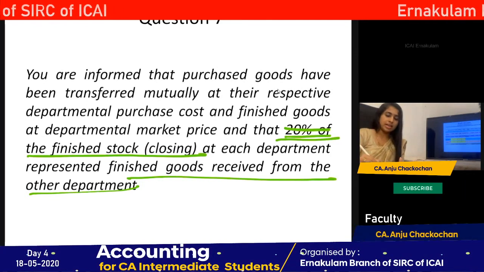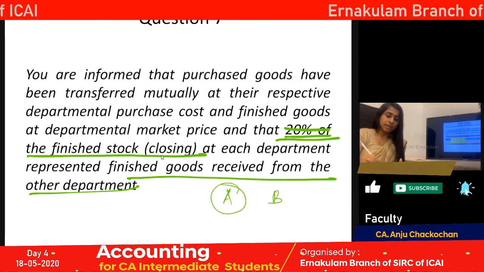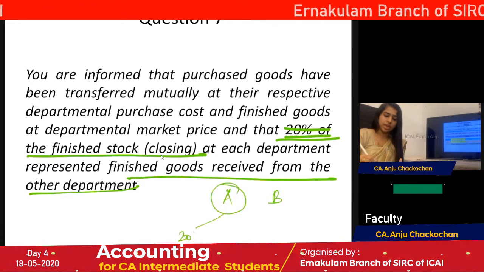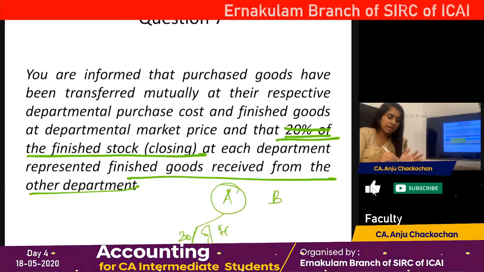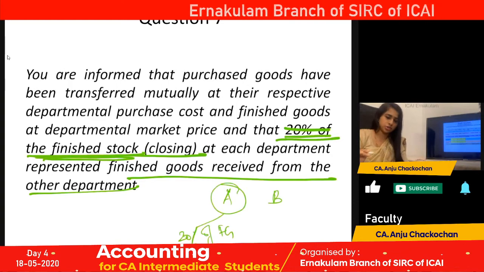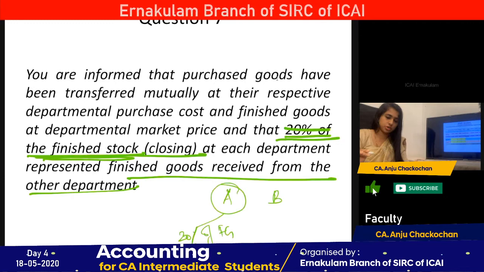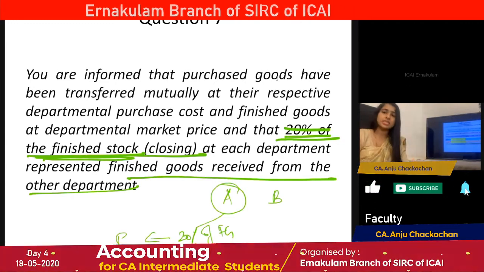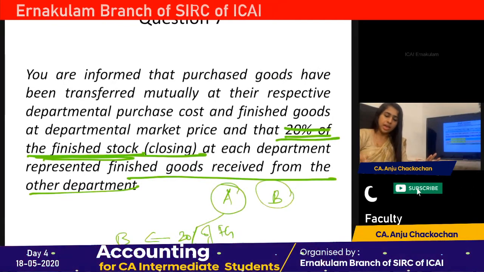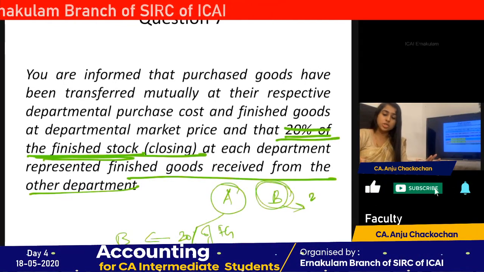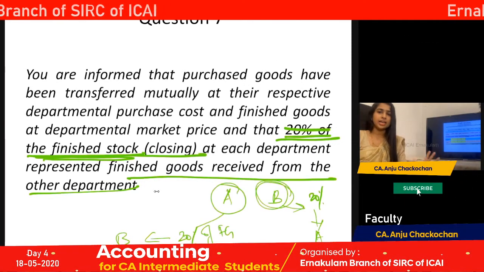Thereby meaning, let's take department A and department B. In case of department A, 20% of the finished goods will be from B. We are not concerned about the purchase goods, because it clearly states only about the finished stock. The balance 80% is fine, not an issue. Similarly, for department B, 20% of finished goods are received from department A. Clear on that?